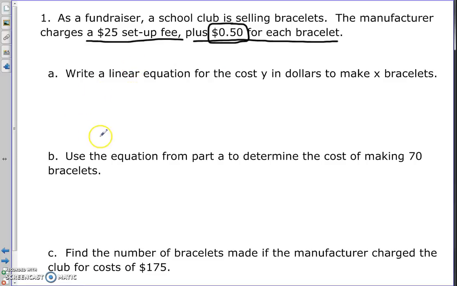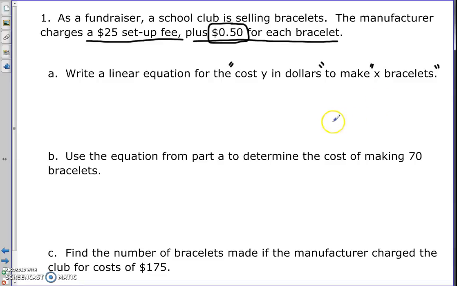Okay, so if we were to write a linear equation for the cost y in dollars, what that phrase is telling you is just you're going to have a y variable and it needs to represent dollars. And then, of course, to make x bracelets, the x value has to represent bracelets.